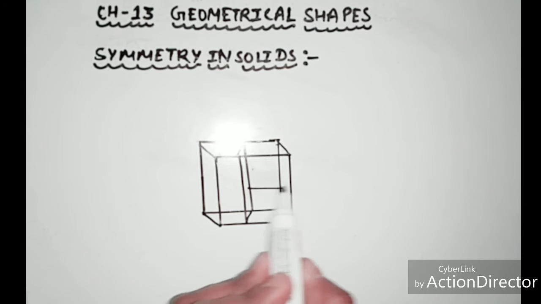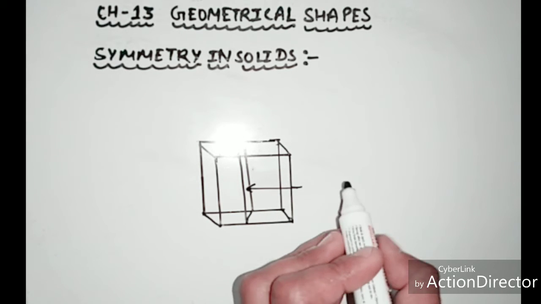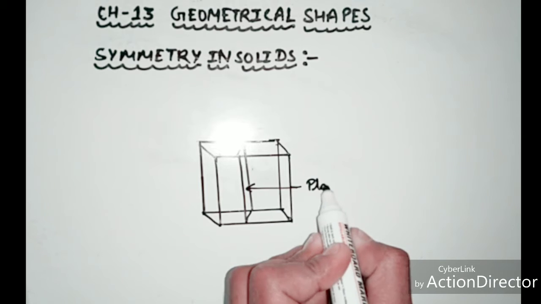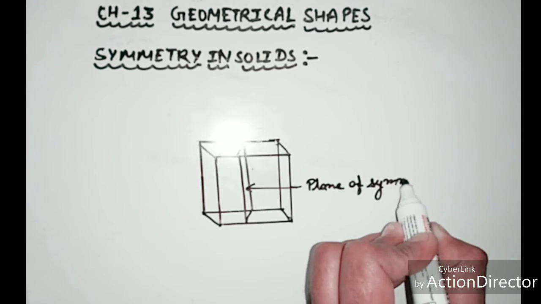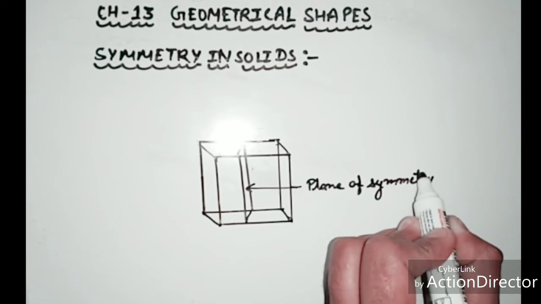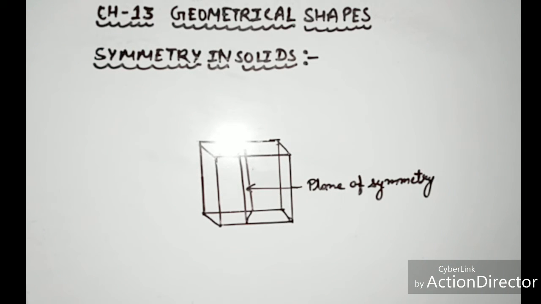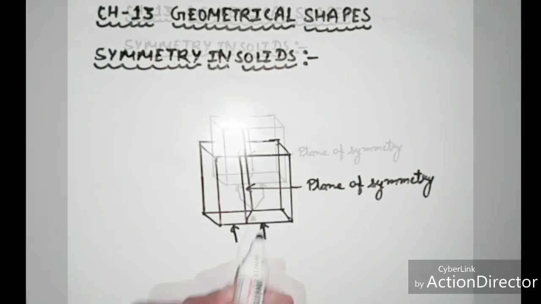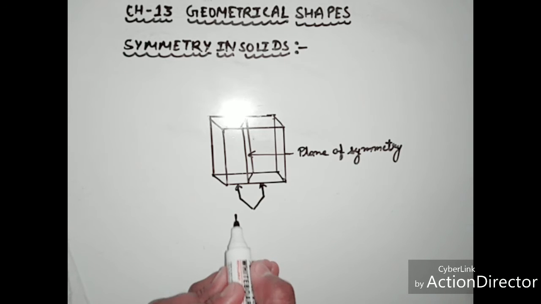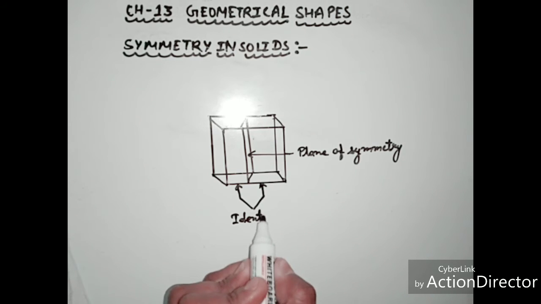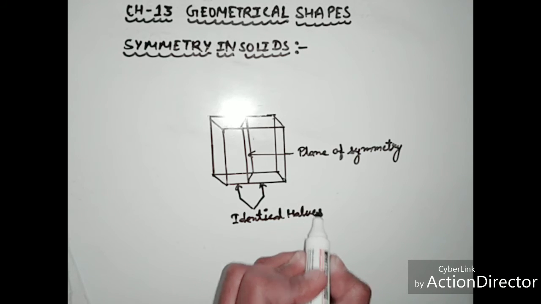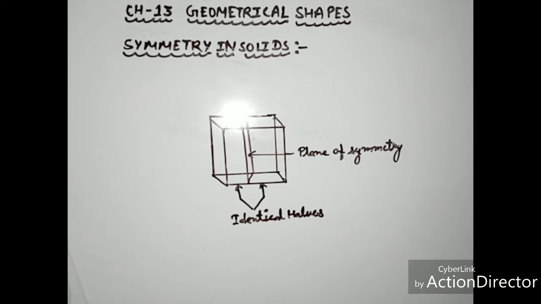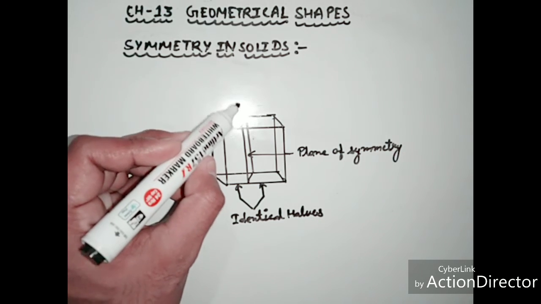So this plane is known as the plane of symmetry, and these two parts are known as identical halves.